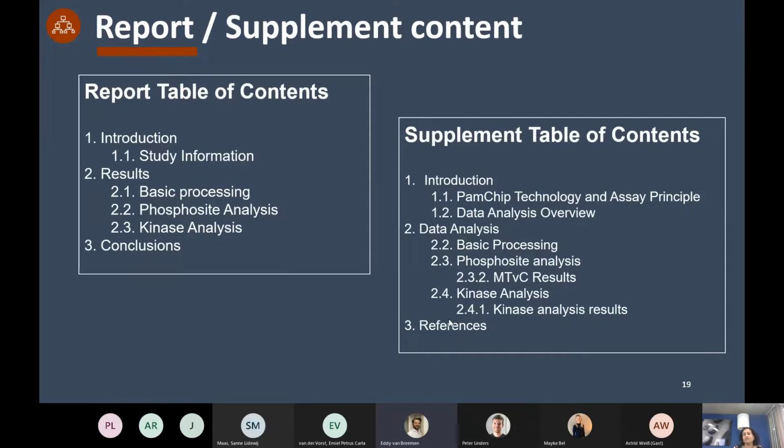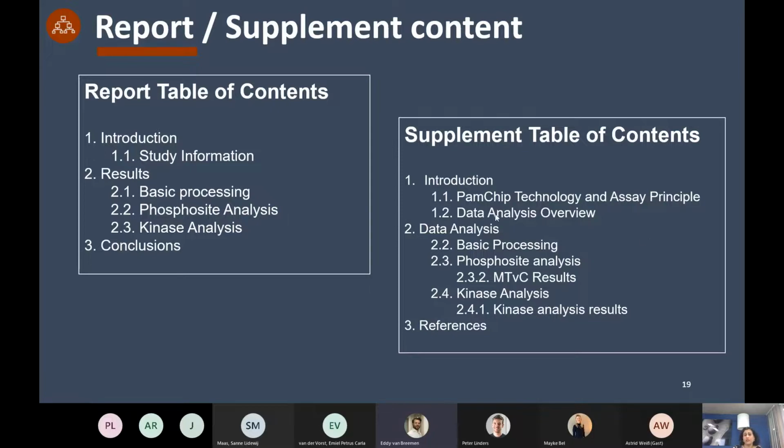So in summary, we provide study specific information like aims, which is mostly obtained from the customers. And then of course the basic results, like I said, the QC data, what are the significant phosphosites, the significant top kinases, and the main conclusions we can derive from it.